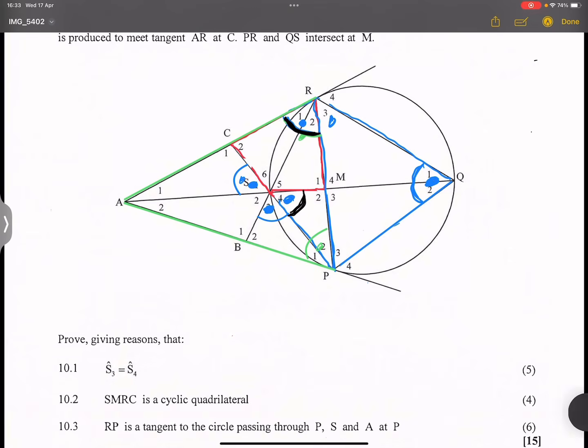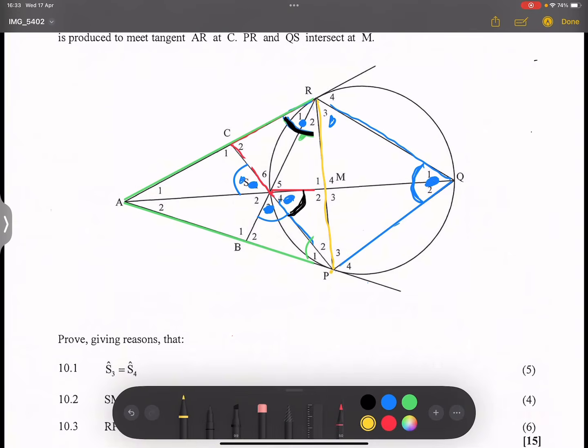Okay, so now I want us to go back to that. They say prove that RP, this line here that I'm going to show in yellow, is a tangent to the circle passing through P, S and A. So a circle passing through P, S, there's S over there, and A. I know my circle is not really a circle.